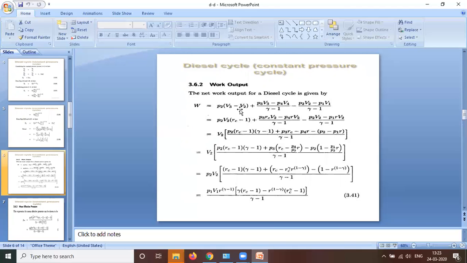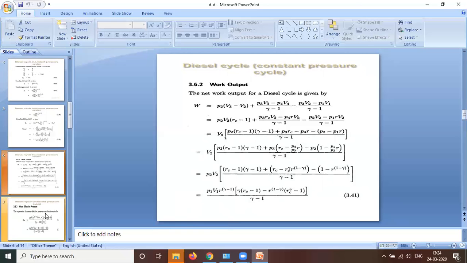If we take V2 common, then V3 by V2 is nothing but the cutoff ratio, rc minus 1. Then we divide and multiply by V2, where V3 by V2 is again the cutoff ratio, and V1 is equal to V4, giving the compression ratio r. Multiplying in the same way and solving, we get the work done equation like this.